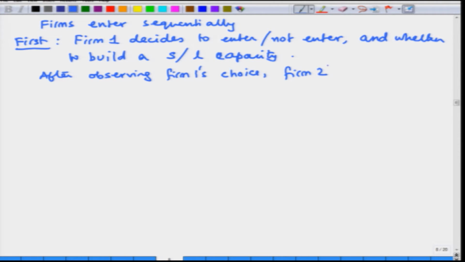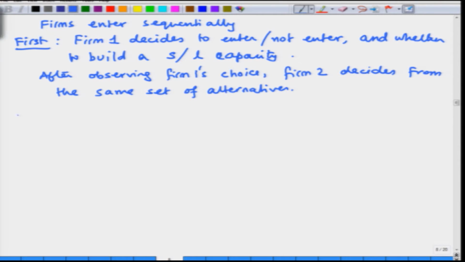firm 2 decides whether to enter or not, and if it decides to enter, what is the size of capacity that it needs to build. So, let us shorten this and say that firm 2 decides from the same set of alternatives that firm 1 had, right, which is whether to enter or not, and if I decide to enter, using a small capacity or a larger capacity.